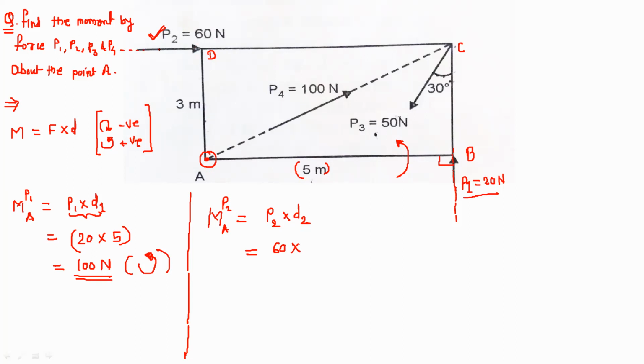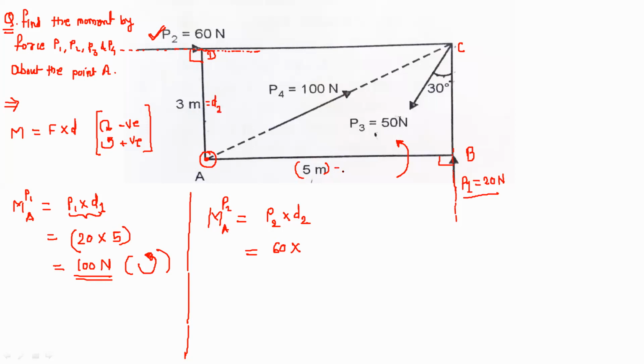This is the line of action, an imaginary line passing through the force P2. When you connect the point A with the force P2, that line must be perpendicular. Simply draw the perpendicular from point A on the line of action of the force P2. This line AD is a perpendicular. AD distance is 3 meter, that is nothing but the perpendicular distance. We will take this distance as D2.